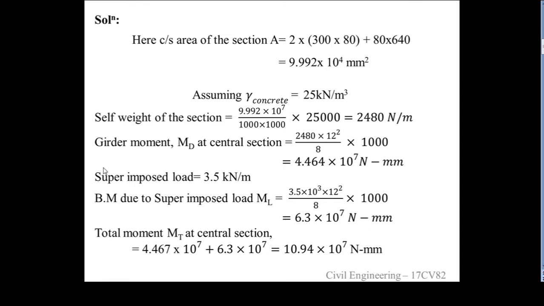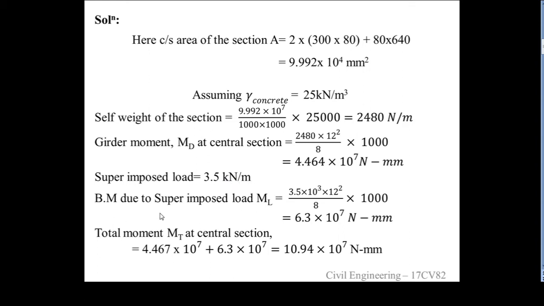Okay. Then girder moment MD at the central section is equal to 2480 into 12 square divided by 8 into 1000, that is 4.464 into 10 raised to 7 Newton mm. This is the girder moment, that is due to dead load. Then superimposed load is equal to 3.5 kN per meter.